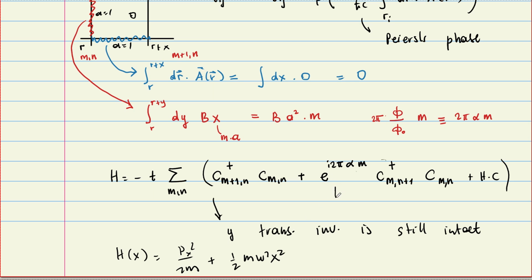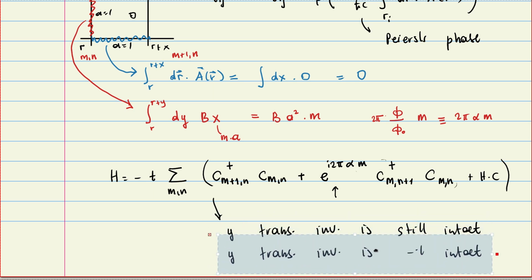I look at this Hamiltonian, and whenever I hop along n, there is no n dependence, there is no y dependence, but there is an m dependence here because the Peierls phase you pick up changes from one m to another m, and that's why we need to take this into account. So the x translation invariance is broken.